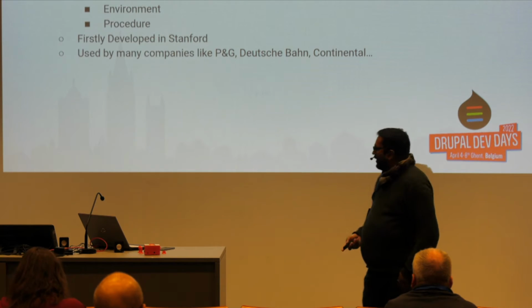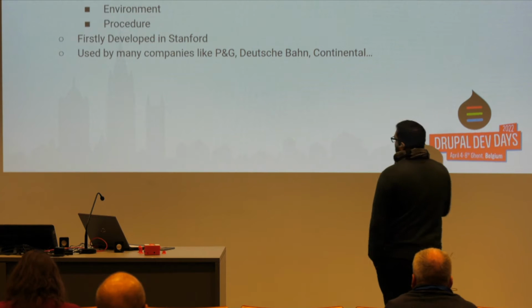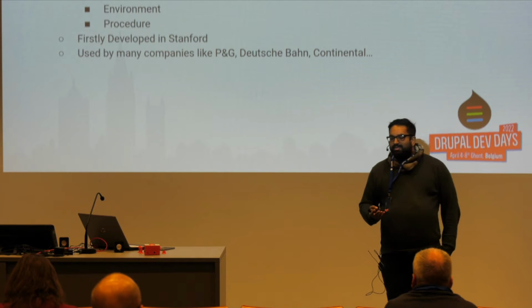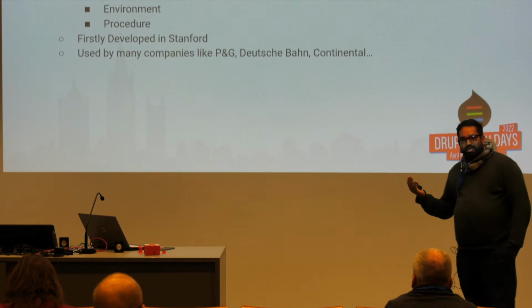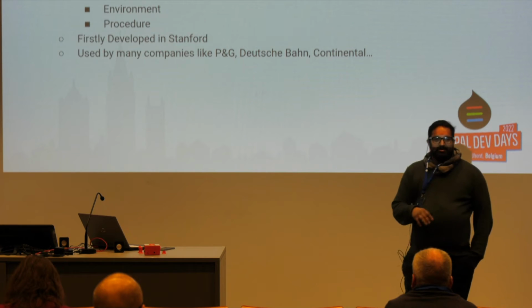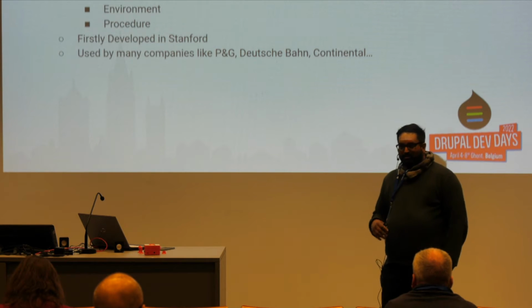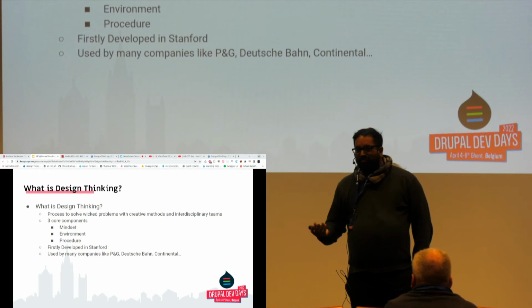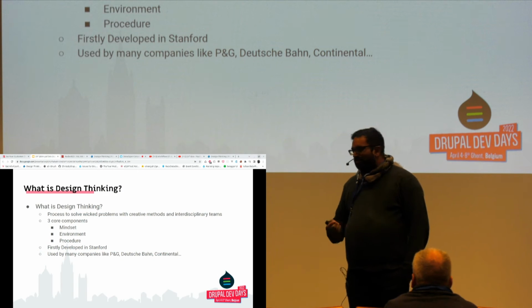And there are three components that you have to remember in design thinking: the mindset, the environment, and the procedure. It was first developed at Stanford University. In Germany, there's a so-called D-School from the Hasso-Plattner Institute.